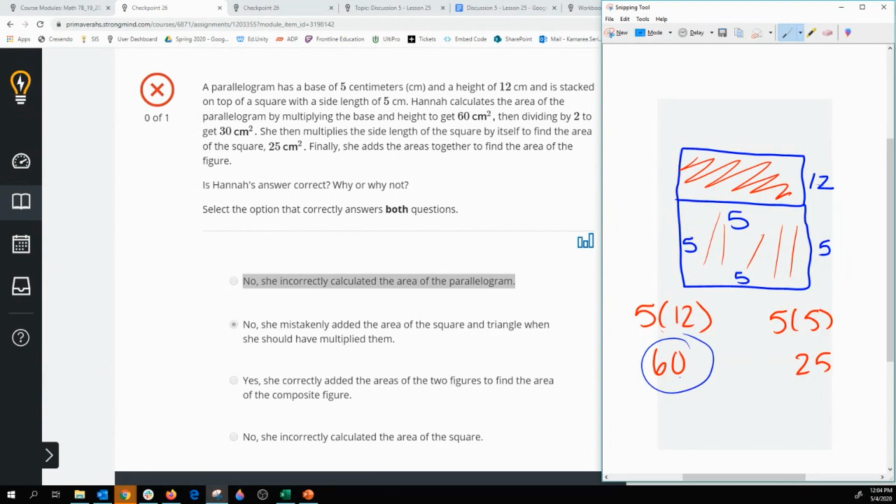So the area of the square that she found was also fine, but it's the area of that parallelogram that she got confused on a little bit. So she incorrectly calculated the area of the parallelogram.